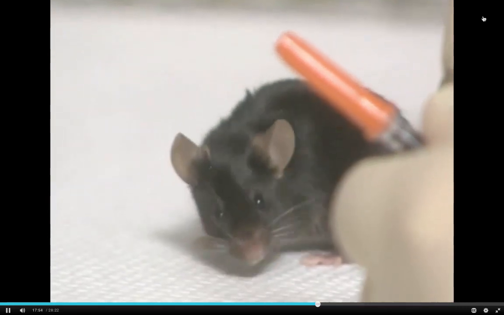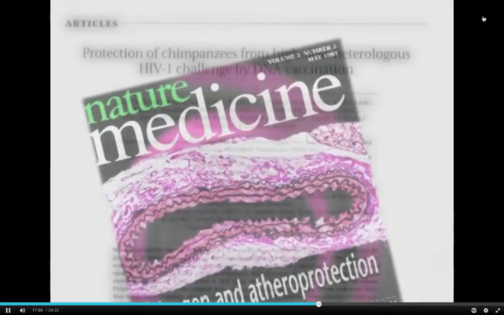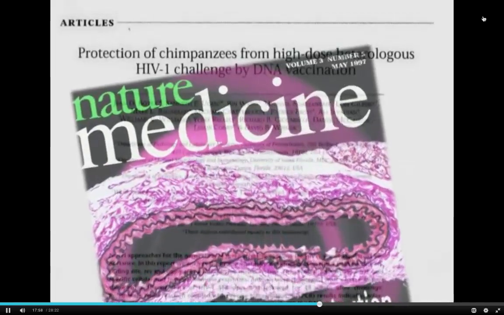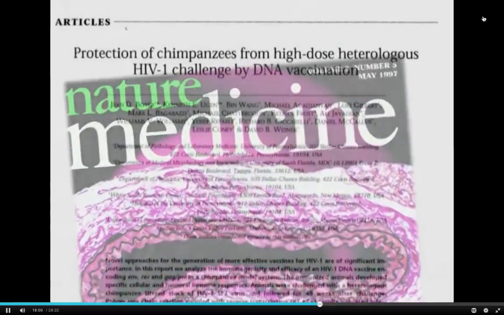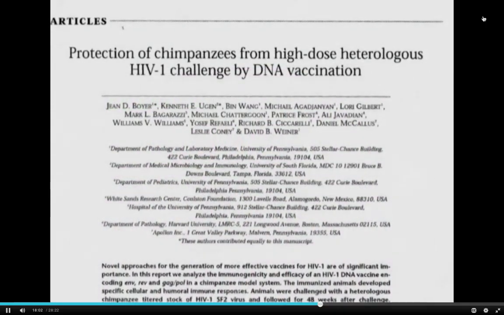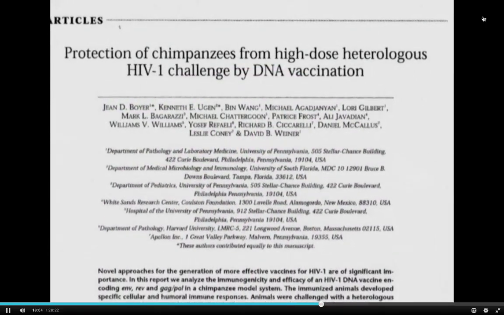But would DNA vaccines work? We published in larger primates that we'd actually prevent HIV infection. And in a smaller primate model, we've shown that we can impact viral replication, lowering viral replication and protecting CD4 T cells after a viral challenge with a pathogenic virus.